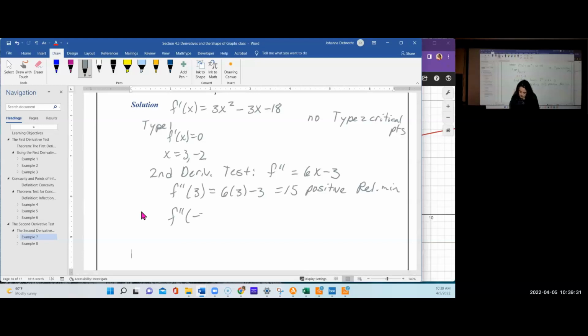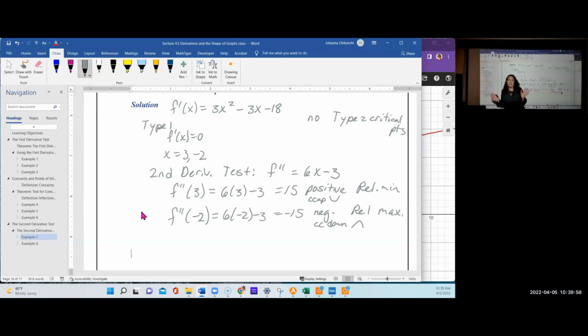Second derivative at -2, which is 6 times -2 minus 3, which would be a -15. So it's negative. That's what we care about. So it's concave down. So it's got to be a relative max.